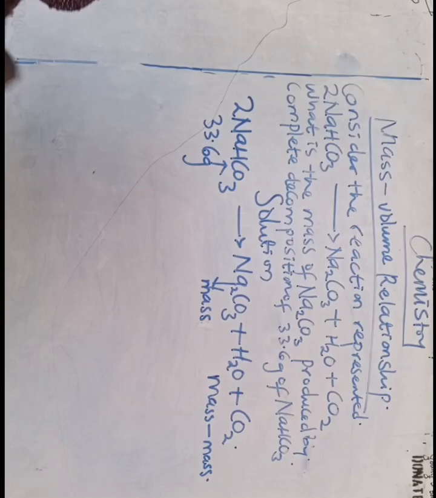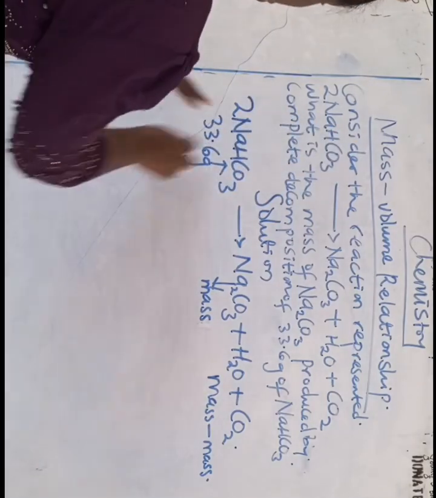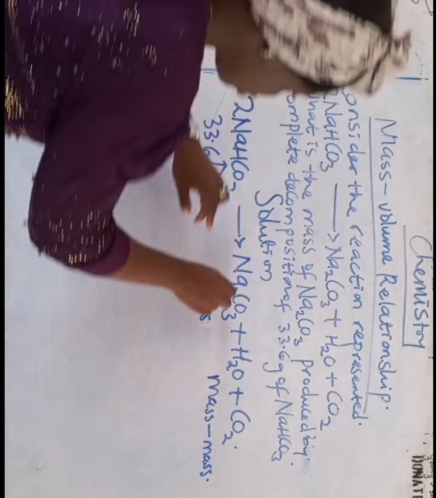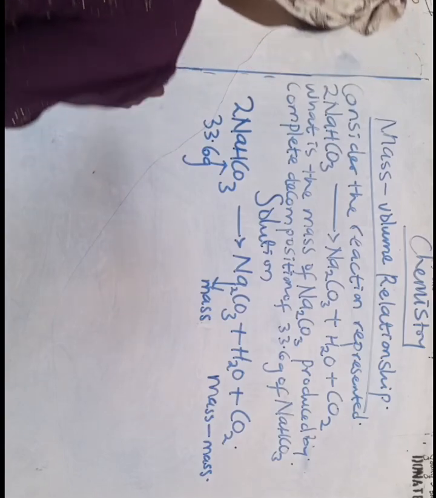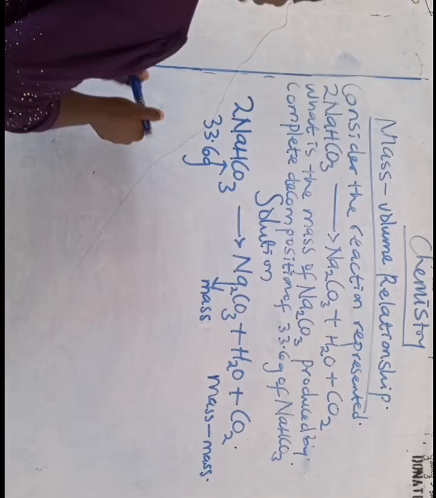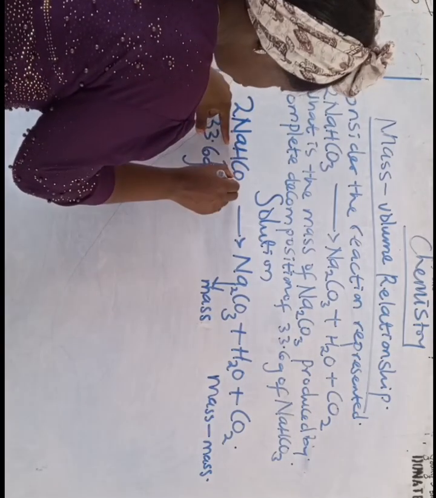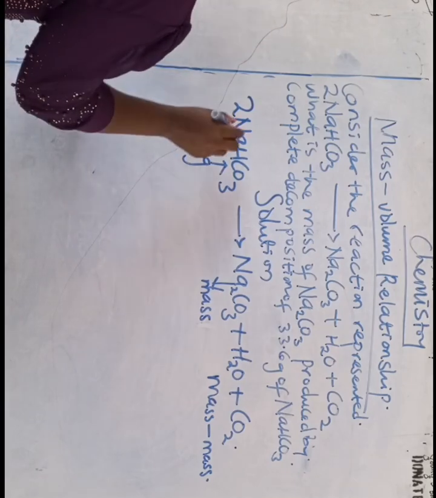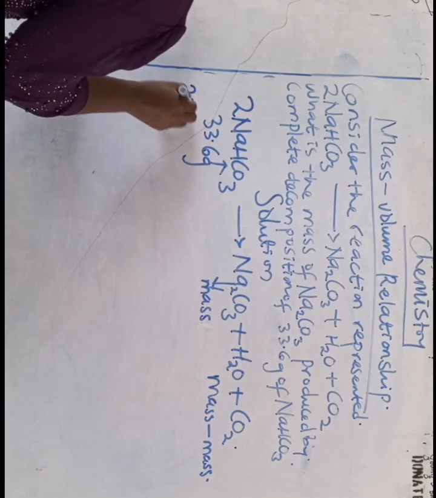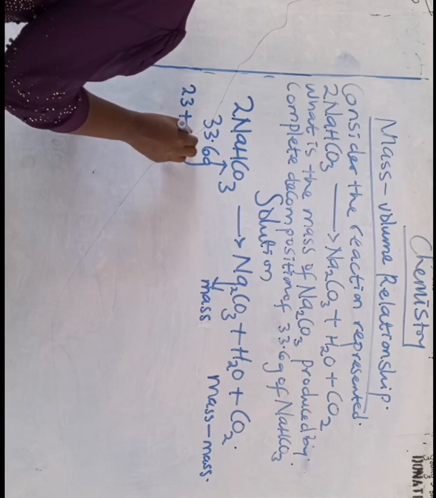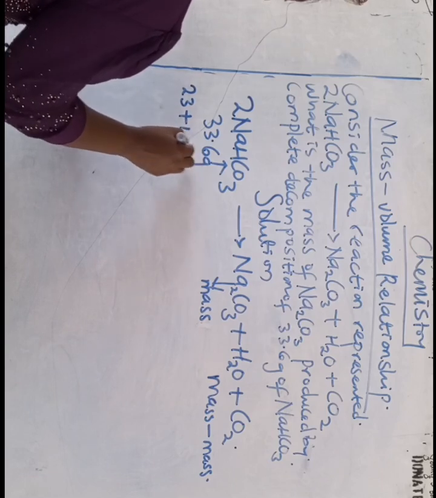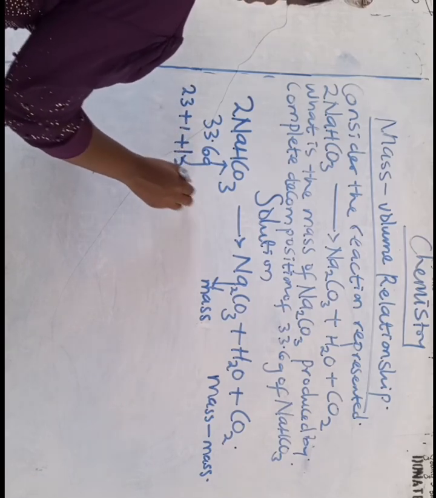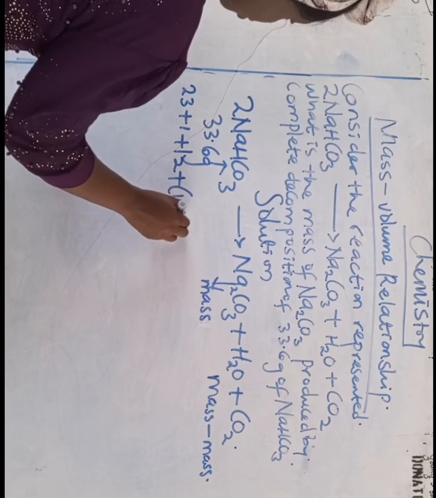Now let's go to the background reaction. 2 moles of this reacted to produce this. So we are going to relate it to mass. So I'm going to calculate the molar mass of NaHCO3. NaHCO3, I have what? Sodium is what? 23 plus 1 plus 12 plus 16 times 3.